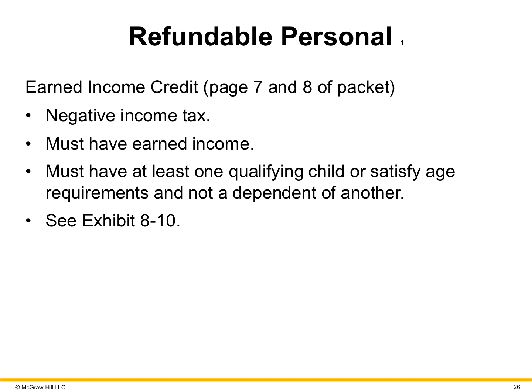And so the amount of credit that you are allowed to take depends on your filing status, the number of qualifying children who live with you or the taxpayer for more than half of the year, and the amount of the taxpayer's earned income.